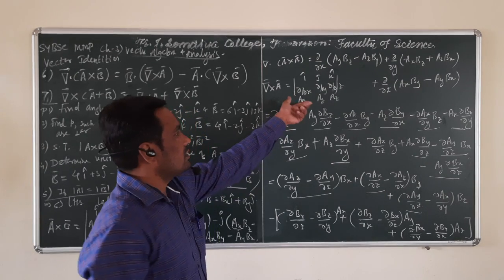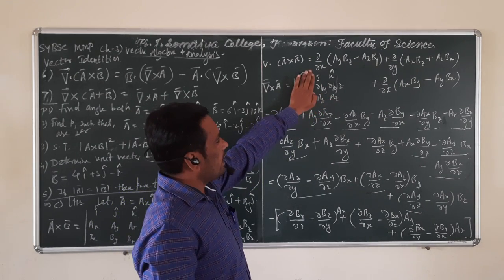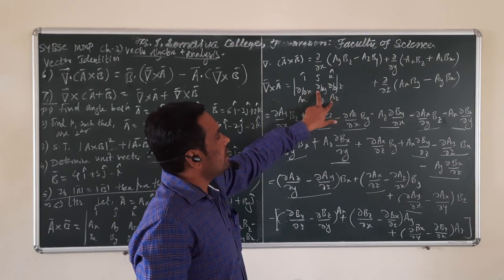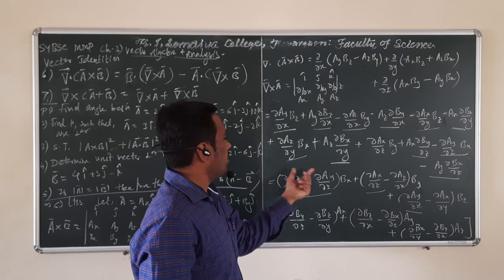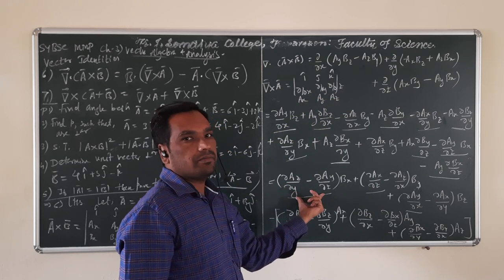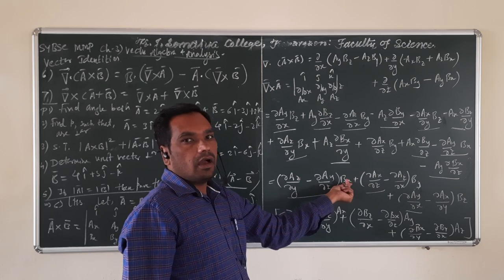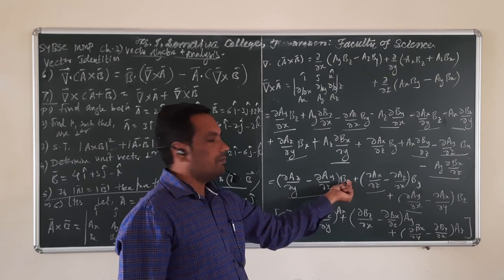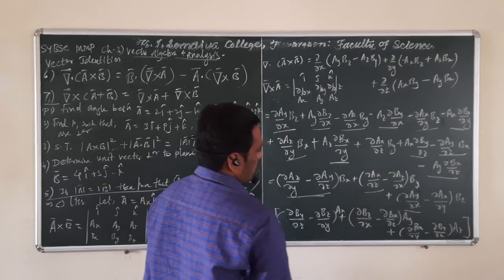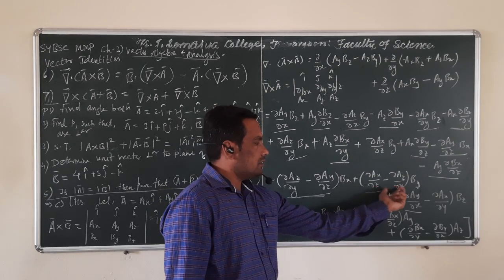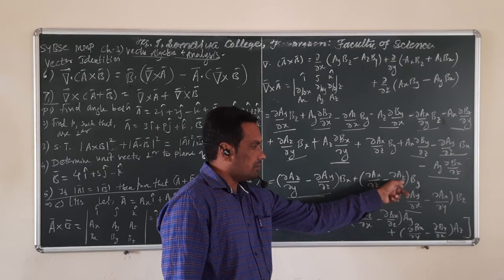If you solve this curl, you will get the i cap coefficient as del az by del y minus del ay by del z. This is the i cap coefficient. We are multiplying it with the i cap coefficient of vector B. So this term, and similarly the other terms.